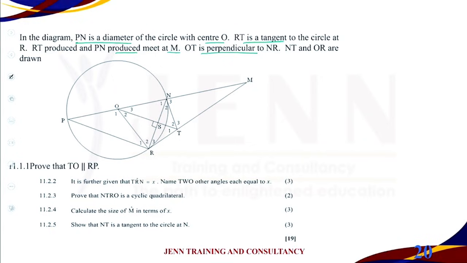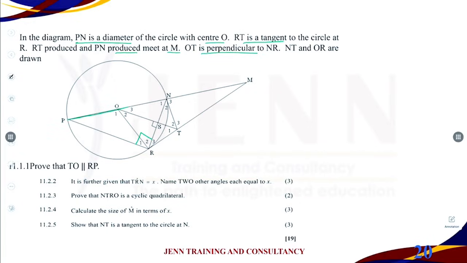They mention diameter. The minute they mention diameter, you must always know that according to my toolbox, the angle subtended by the diameter at the circumference is 90. So if PN is my diameter, therefore angle R1 plus angle R2 is 90. That is the angle subtended by this diameter.